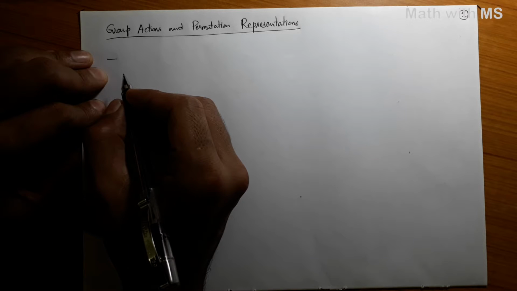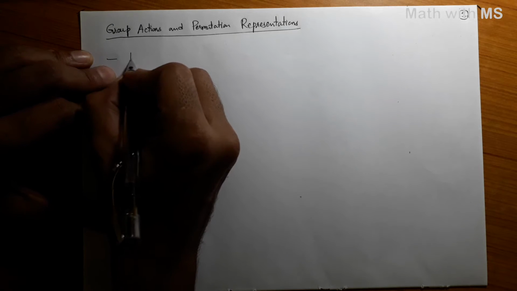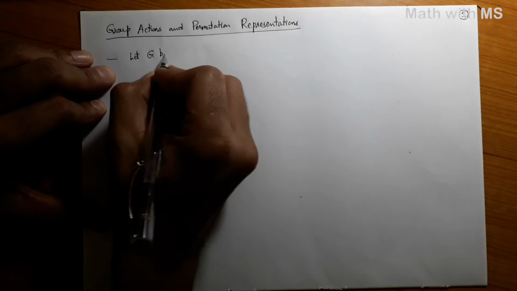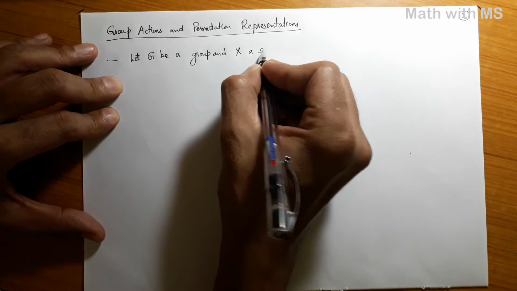We already defined what a group action is in lecture 1. Let me recall for you. Let G be a group and X a set.